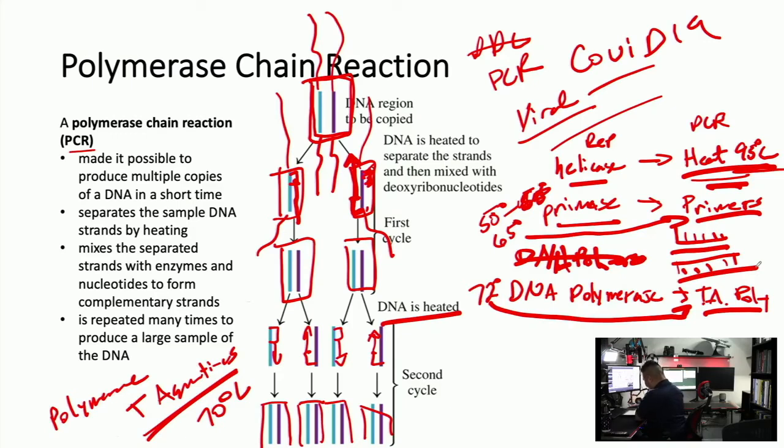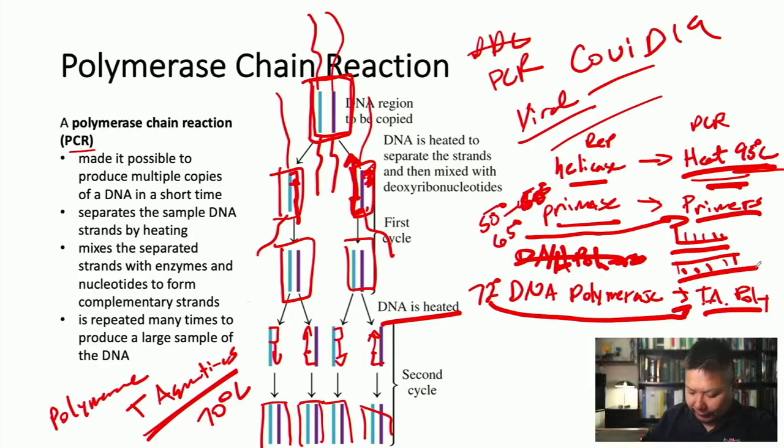And then we'll raise the temperature back up again. Normal replication uses regular DNA polymerase, but we use T. aquaticus's DNA polymerase for PCR. So remember the natural replication and the PCR, right?